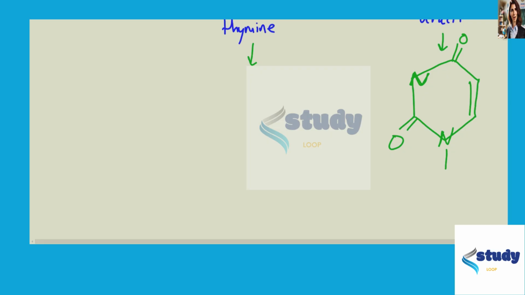Okay, so for our thymine, same thing, same kind of ring structure. We've got our nitrogen here. We've got our methyl group attached to it. Then going around the structure, we've got a double bonded O, and we've got an N right here, another double bonded O, and we are going to have a double bond here.